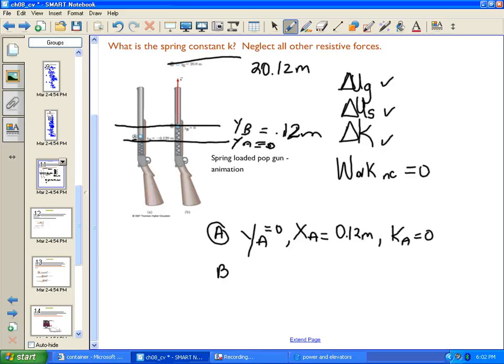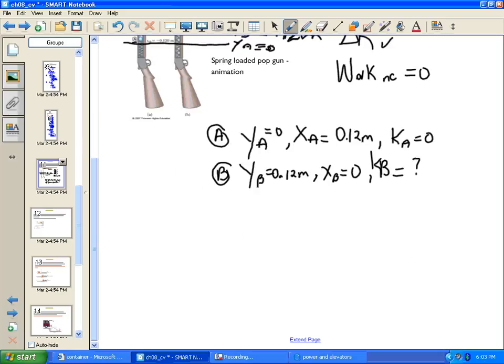At position B, we'll take y sub B to be equal to 0.12 meters, okay? We'll take x sub B to be equal to 0. Now the spring is relaxed. And K sub B will be something which we do not know. Position C will have the following properties. Y sub C is equal to 20.12 meters.